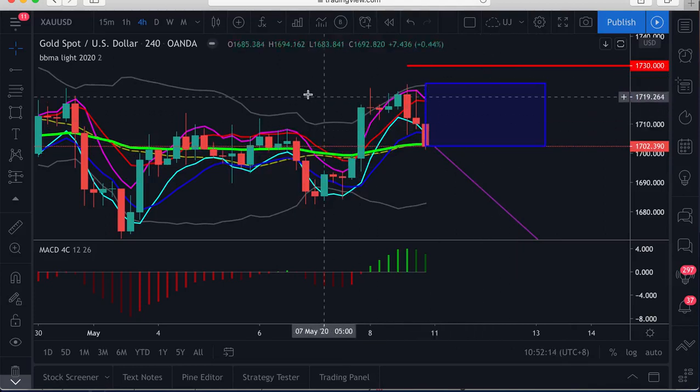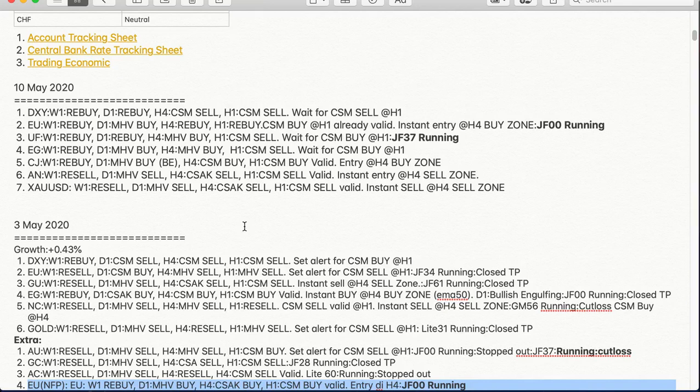Okay, so that's it for this week. Let's recap our trades for this week. We are holding two trades from last week, EU and UCHAP. And then for EG we need to set an alert. Let me set an alert for CSM buy at H1.